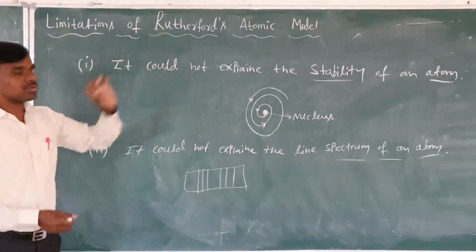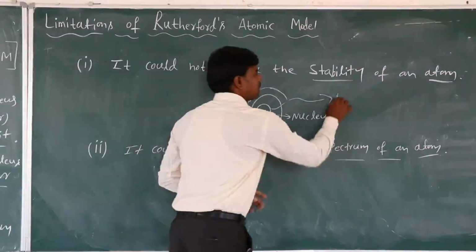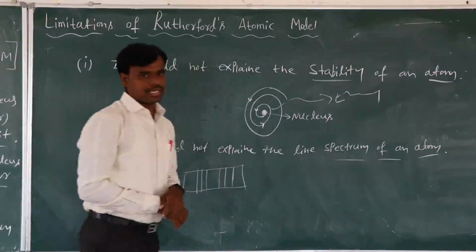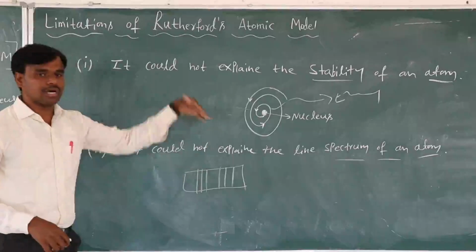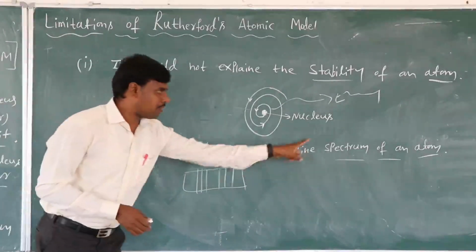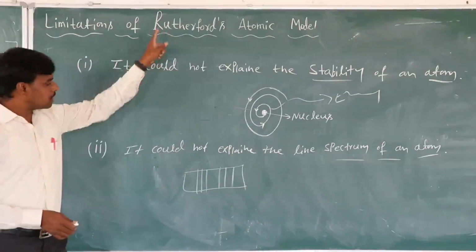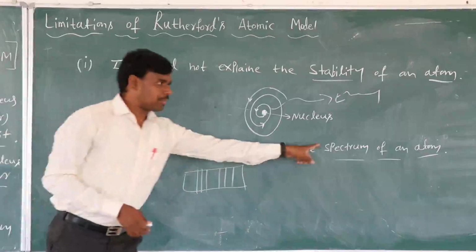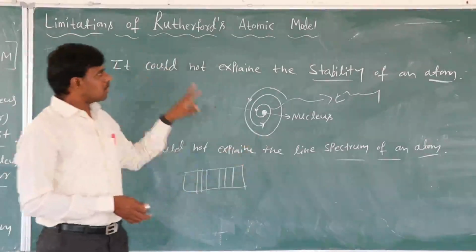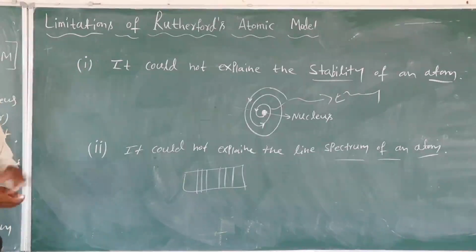But according to Rutherford, an atom continuously emits energy. Therefore, the spectrum is also continuous. But practically, the spectrum of an atom is a line spectrum. Therefore, it fails to explain the line spectrum of an atom. These are the two limitations of the Rutherford atomic model.